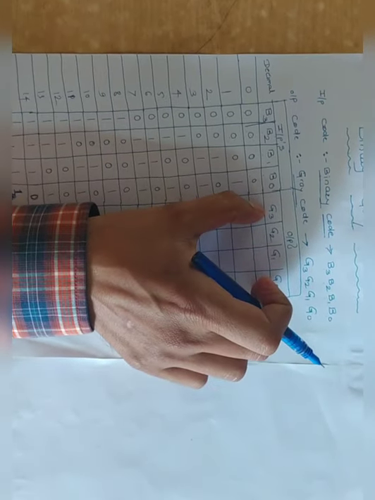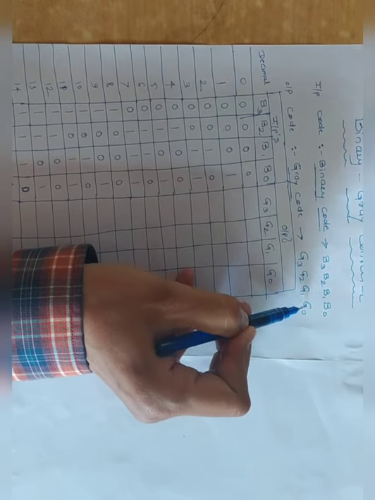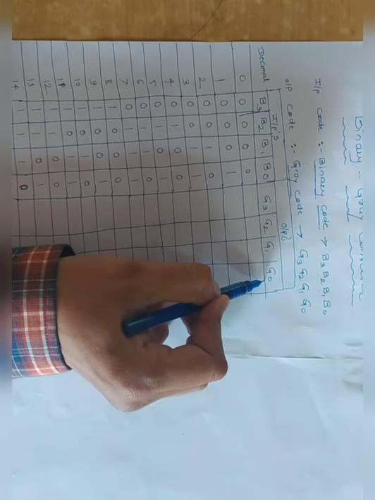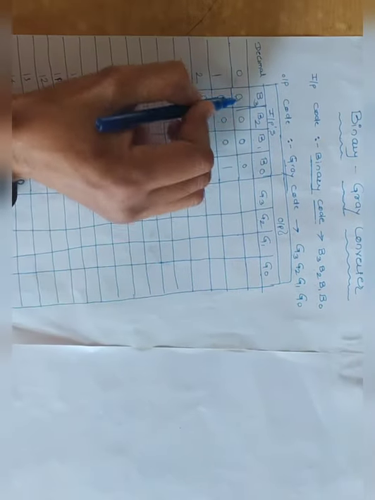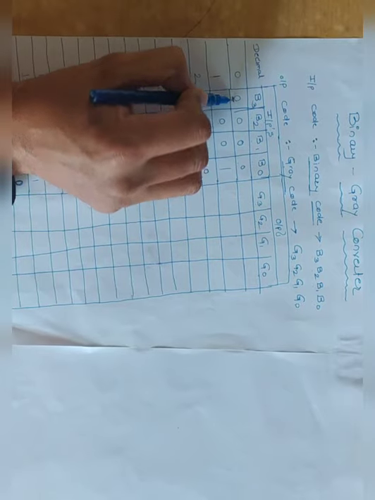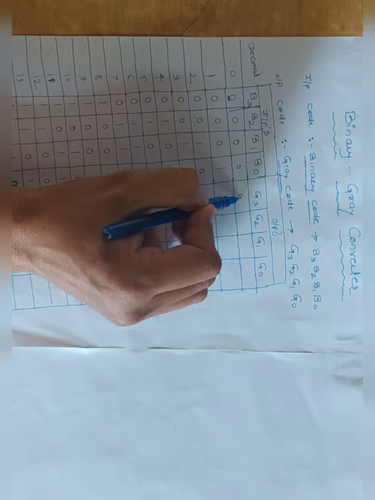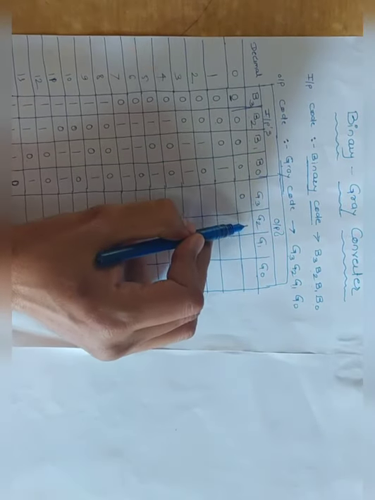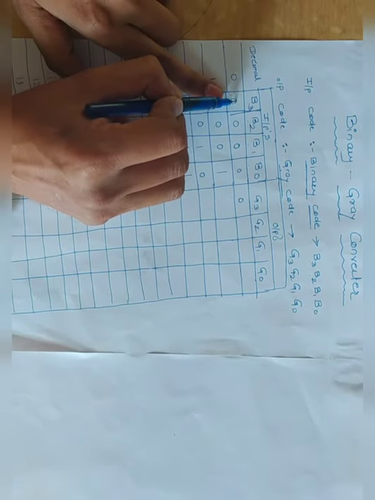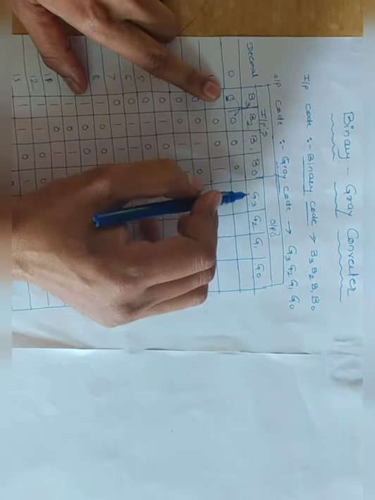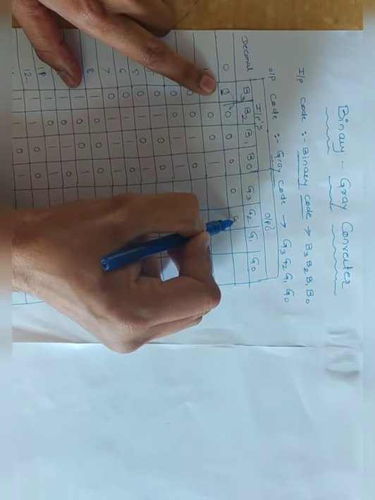Now you have to convert this into gray. Here the outputs are G3, G2, G1 and G0. For the first bit, the gray output is the same as the binary bit, so 0 stays 0. For the next bit, you XOR this bit with the previous one. When both inputs are 0 0 in an XOR gate, you get 0 output.